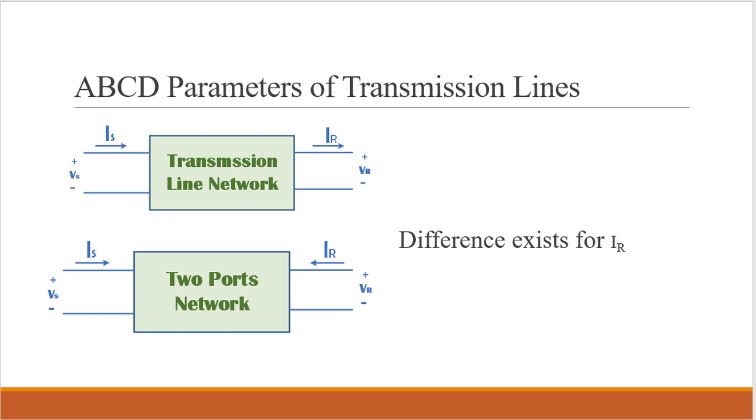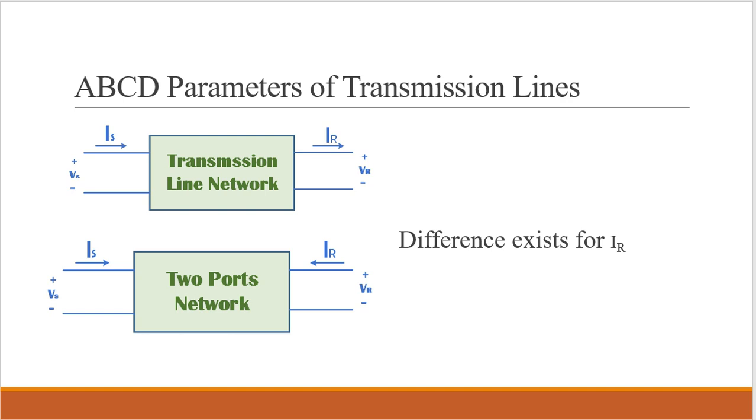Why does this difference exist? In the case of a two-port network we have to apply mesh analysis, and in order to form the mesh analysis we always take the middle branch under consideration, right? Whereas in transmission line networks there is no middle branch.